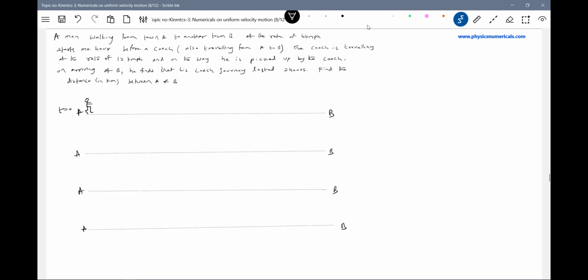So what is the speed of the man? That would be Vm, I'll write it. At a rate of 4 km/h, we know that one. He starts 1 hour before a coach. The coach is here only. Coach means the truck only, I'll take it. Somewhere I'll draw it here.